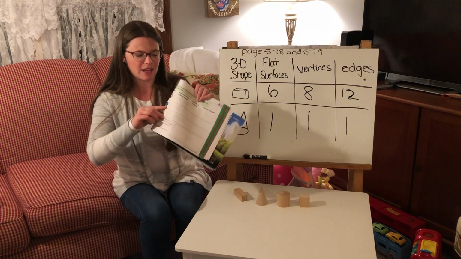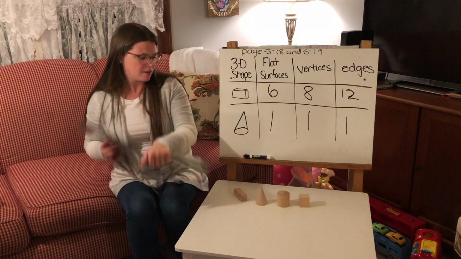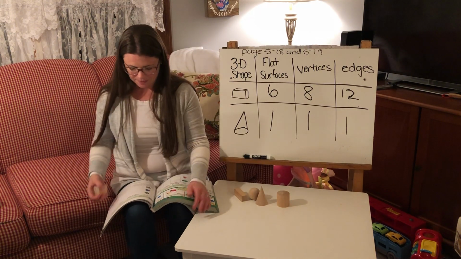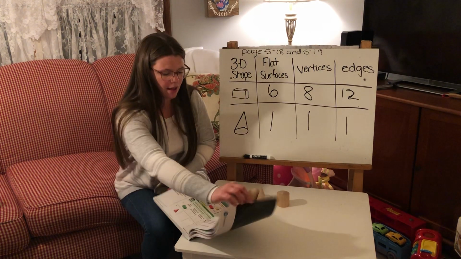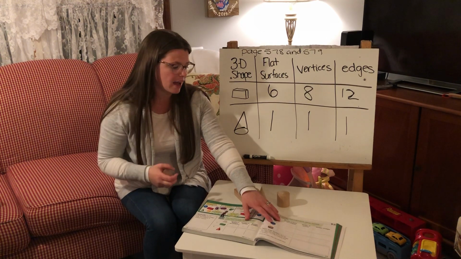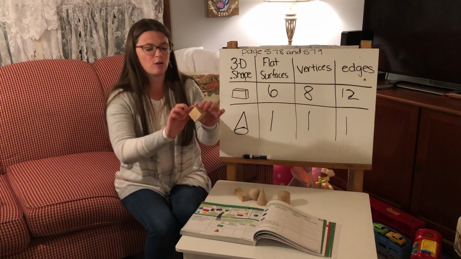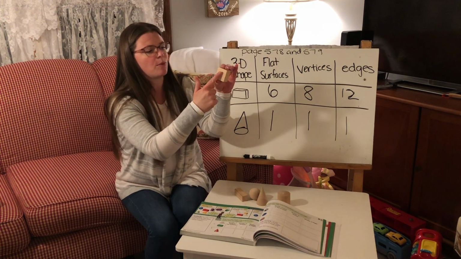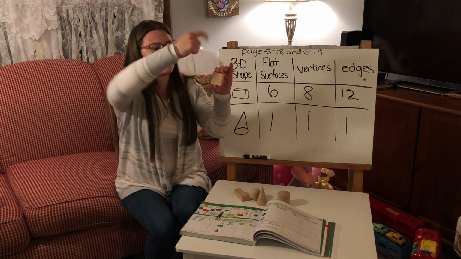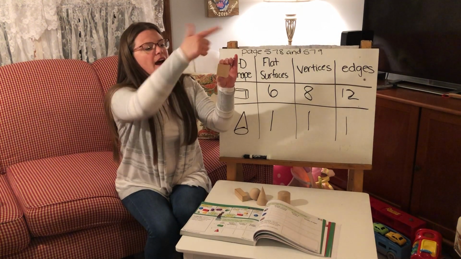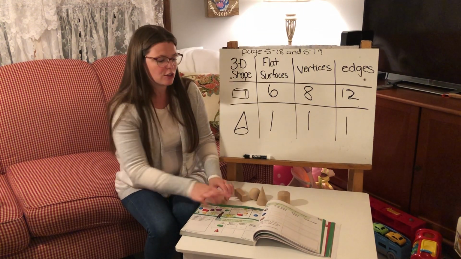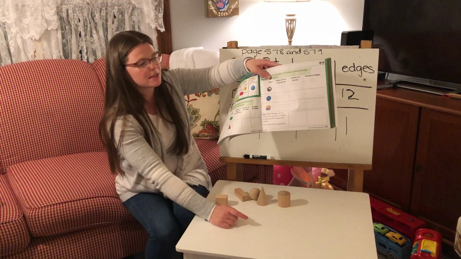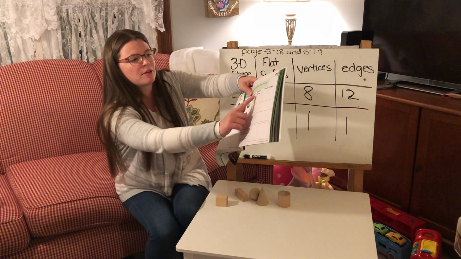All right, now let's look at that cube. I have one right here. And so let's find the number of faces or flat surfaces. Sometimes these are called faces. Let's count them. 1, 2, 3, 4, 5, 6. So go ahead and put a 6 in that first box. Number of vertices.